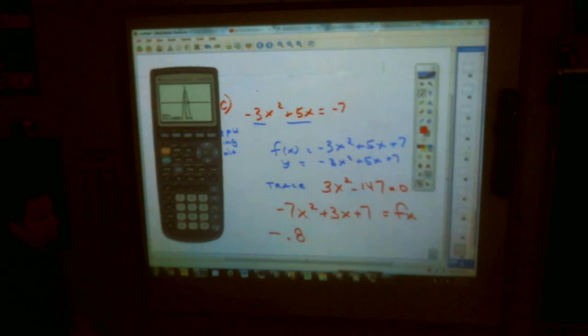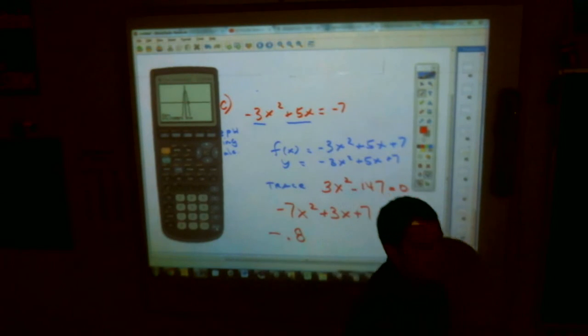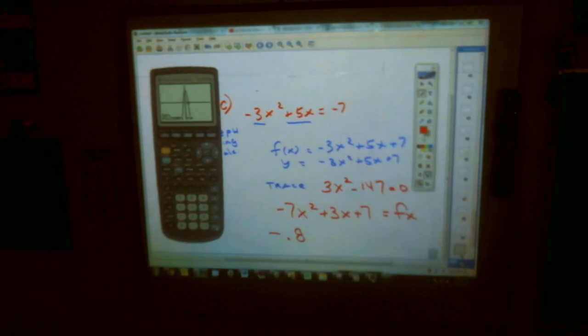1.23. It's because you're not grabbing the bottom. Mine says error. Second trace, zero. Do it again. So what point are you looking for?